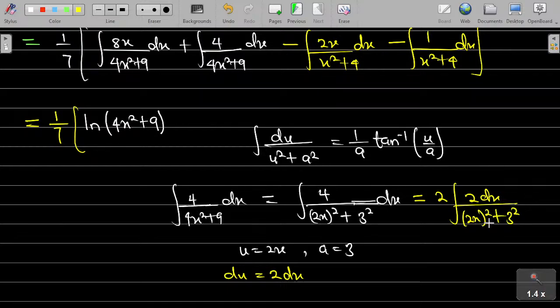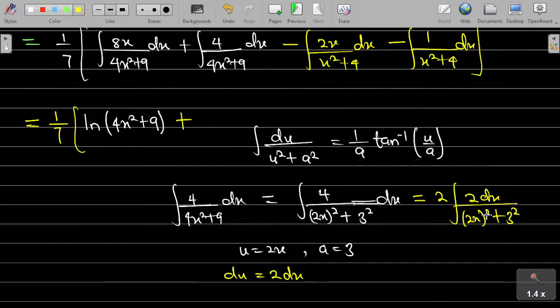So immediately you can see now that this exactly replicates this. 2 dx is my du, 2x is my u, and a is my 3. So immediately we can begin to write it in this form.